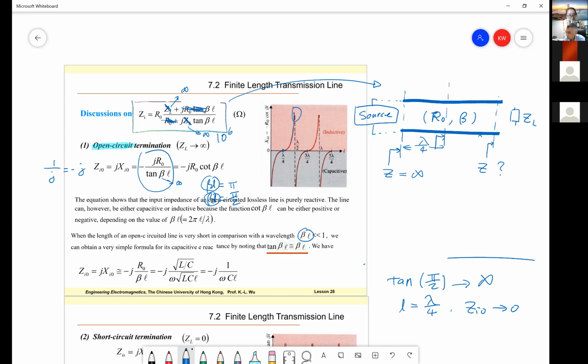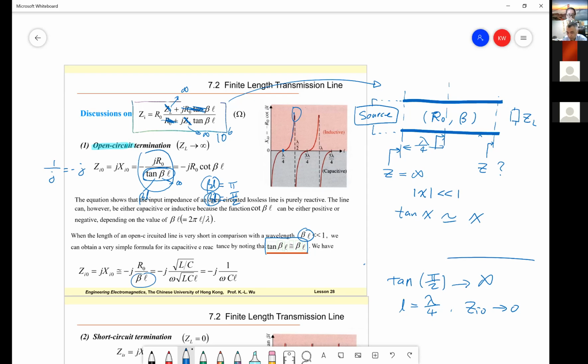When x is much smaller than 1, tangent x is approximately equal to x. So we use this approximation and replace tangent beta L by beta L.